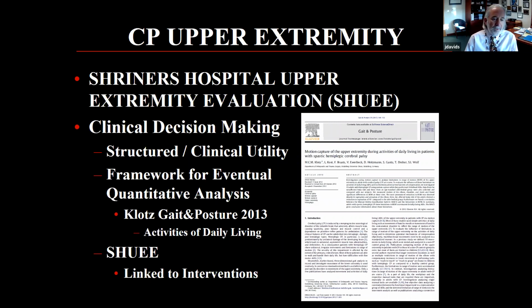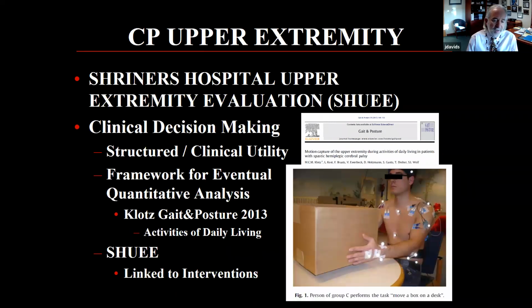There are other studies utilizing motion capture for upper extremity function. They typically focus on fairly routine tasks. And I think that if this technology was used in the framework of the SHOE tasks, we would be further along because the SHOE tasks have already been linked to interventions and outcomes.